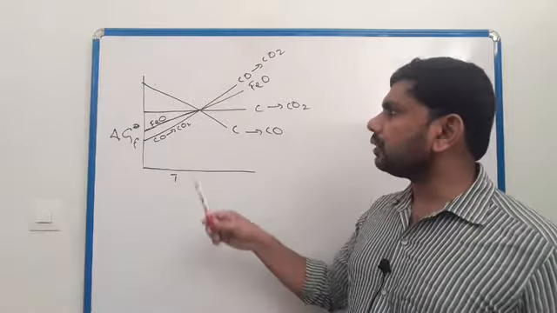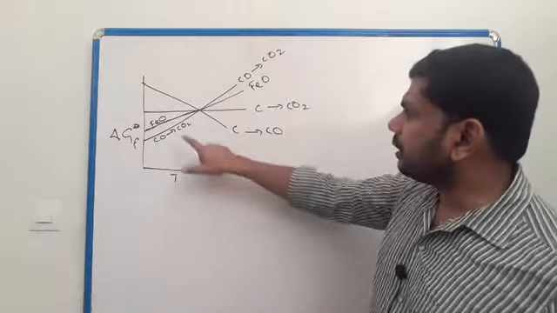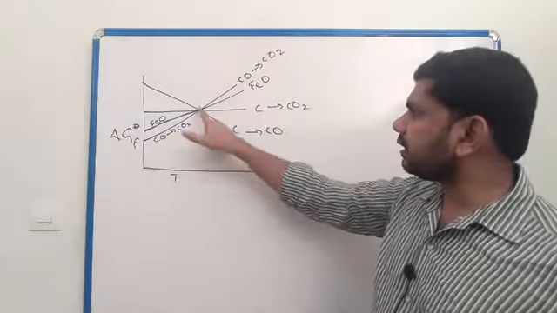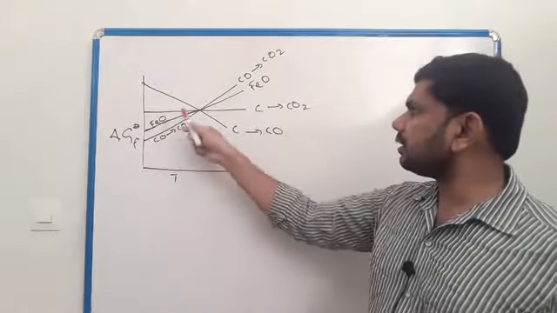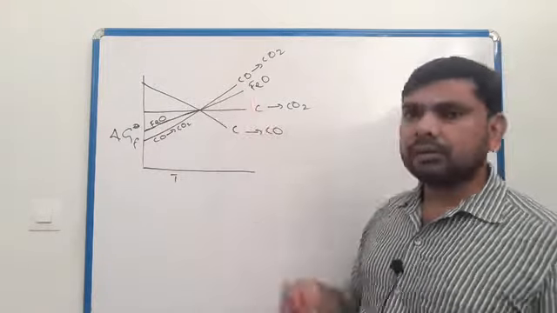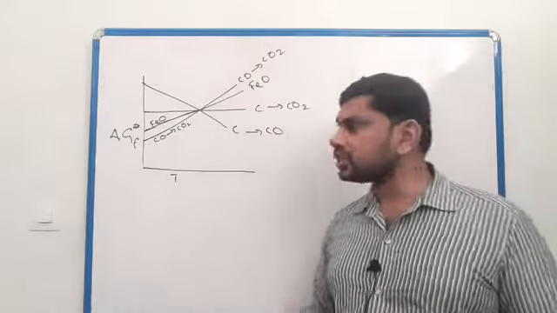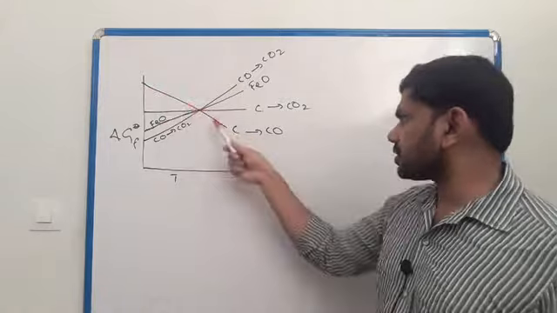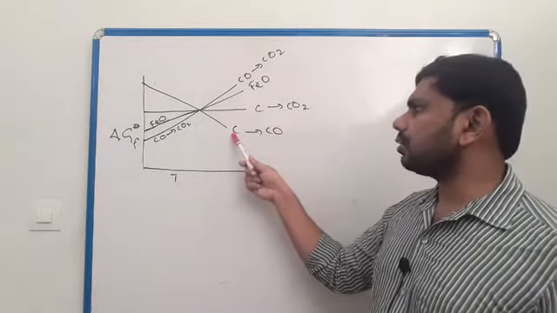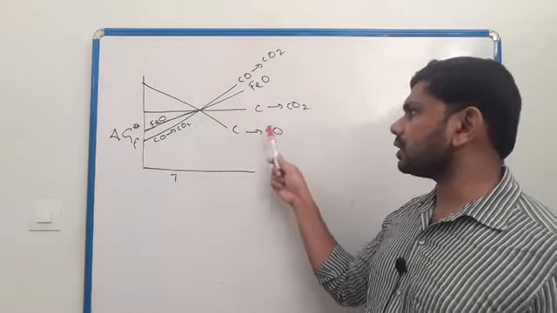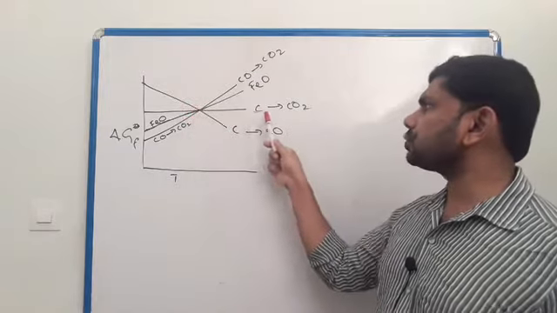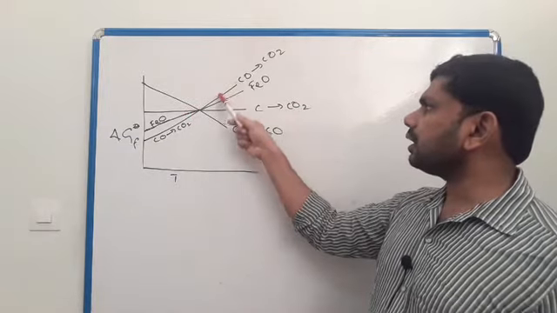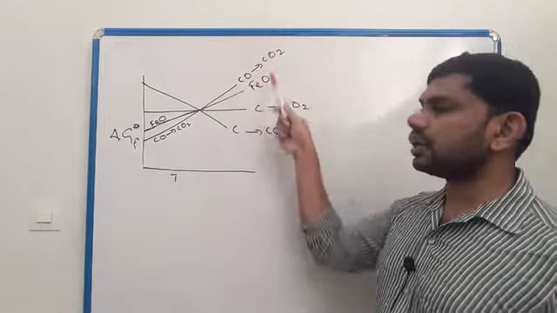So here this line represents reduction of iron oxide, and here this line represents carbon changing to carbon monoxide, and here carbon to carbon dioxide, and here carbon monoxide to carbon dioxide.